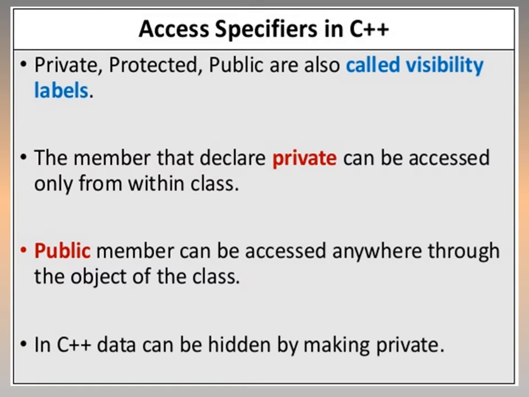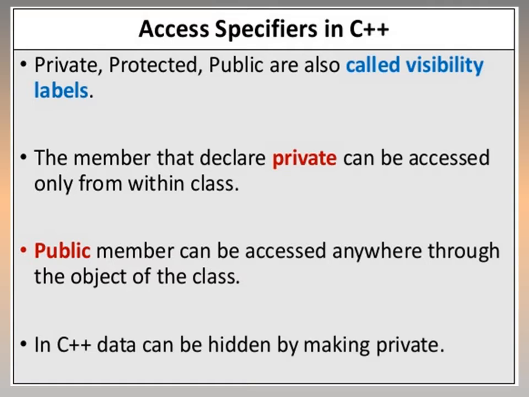Private, protected and public are also called visibility labels. The members that are declared private can be accessed only from within the class, meaning only that particular class can access those private members, not anything outside of that class. Public members can be accessed anywhere through the object of the class.